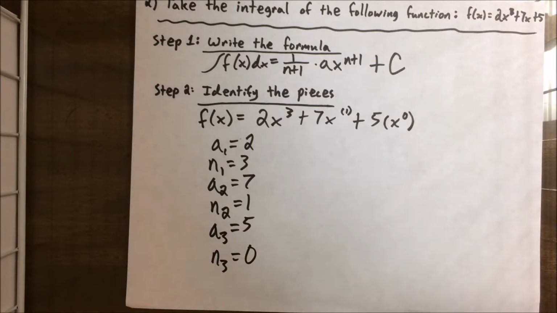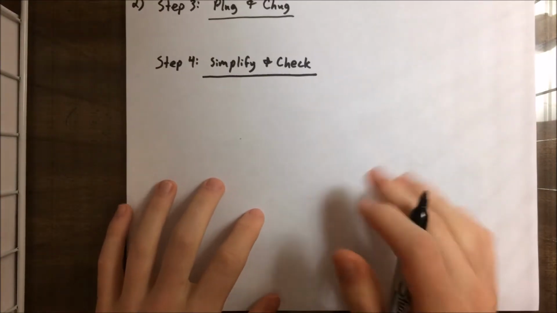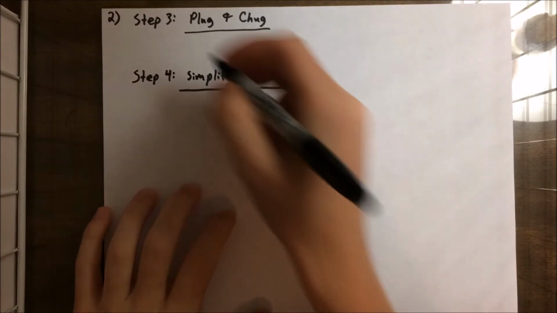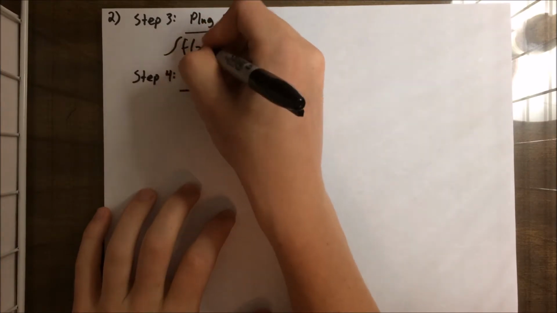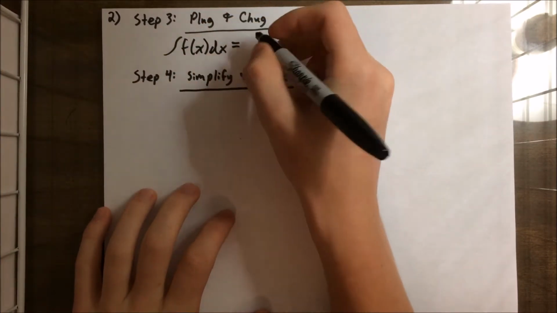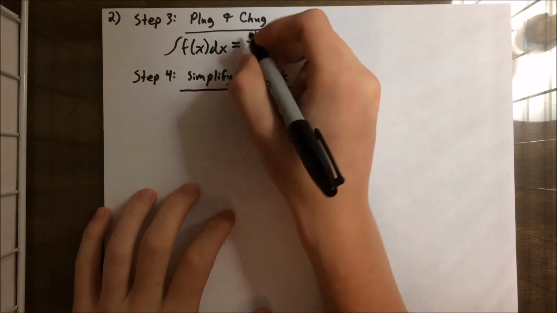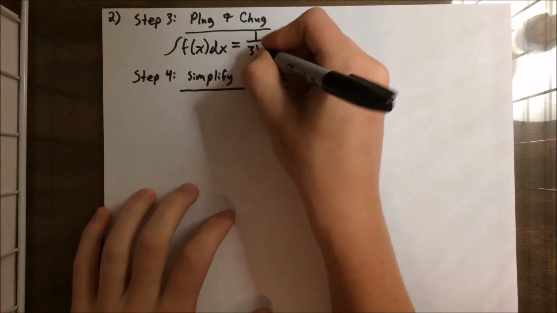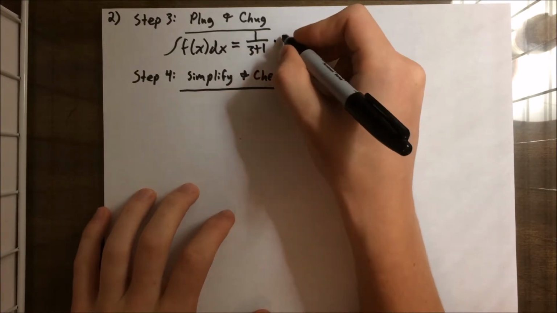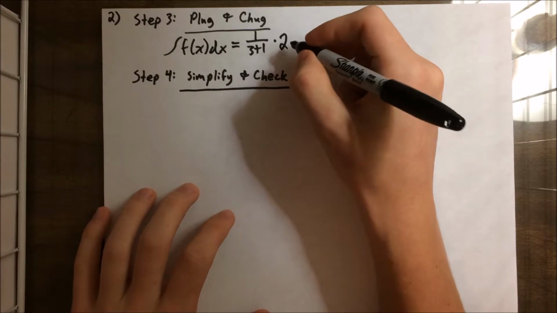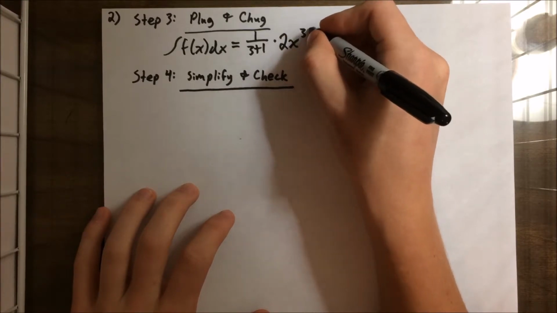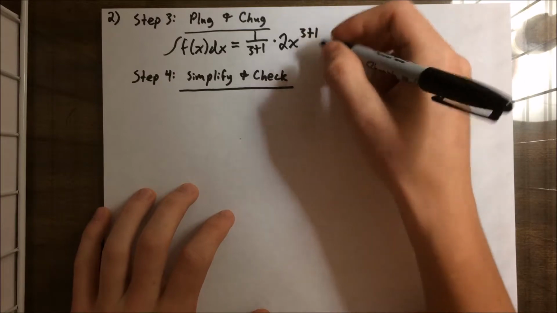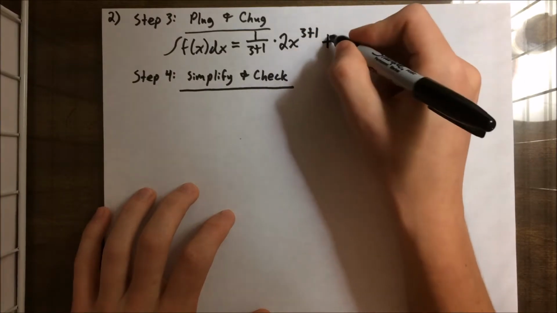Okay, so let's move on to step 3. In step 3, we are going to plug and chug. Okay, so let's go ahead and plug in. So the integral of f of x dx is equal to 1 over n1, which is 3, plus 1, times a1, which is 2, x to the n1 plus 1, and then you add the next part.